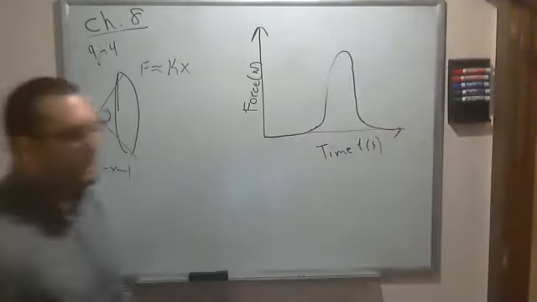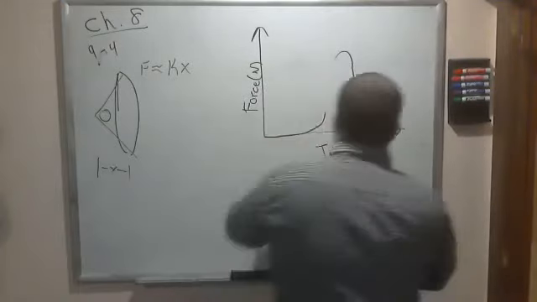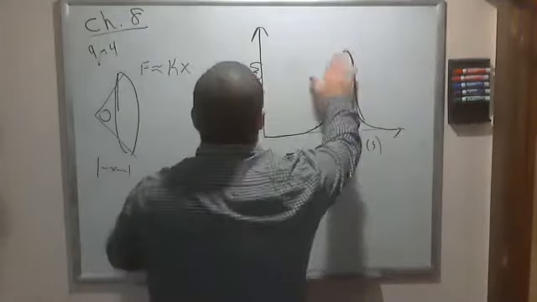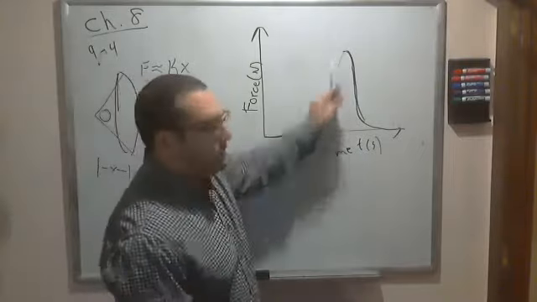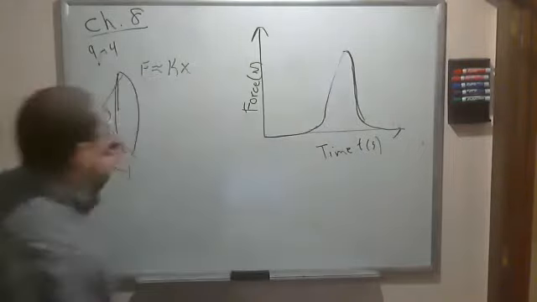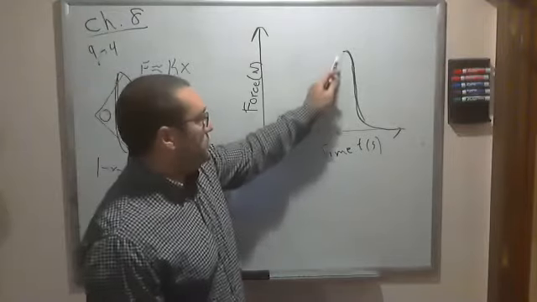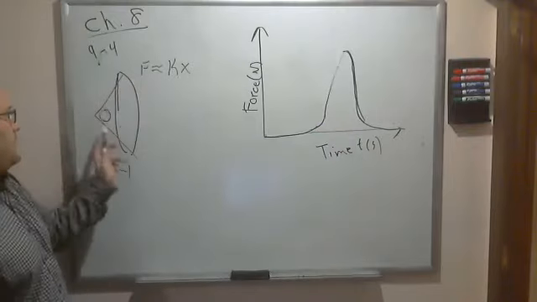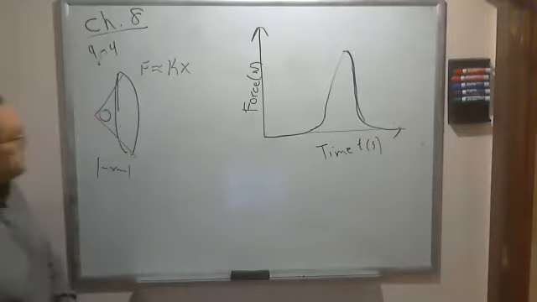Now, this is not a graph of this specific example, but generally this is what the force would look like in any collision. I'm showing this one because in this example with the tennis racket, the force changes like an elastic spring.